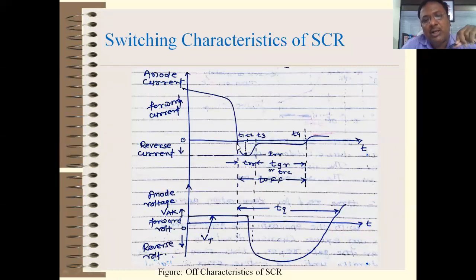The free holes and electrons present in the depletion region travel in opposite directions and recombine with the opposite charges, so the reverse current increases suddenly, and that current reaches the peak negative current called IR.